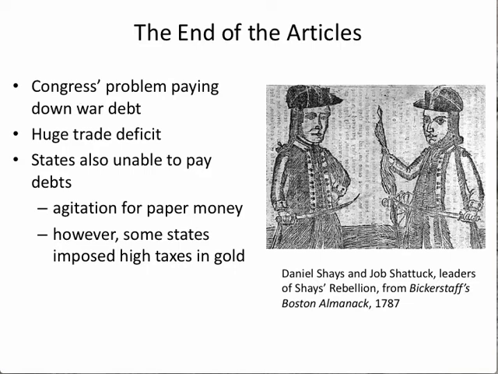In some states, the state legislatures got the bright idea, hey, let's just print up a whole bunch of paper money and use that to pay off the debts. And of course, the debt holders were very infuriated when they were paid off with paper money that really was not worth the paper it was printed on.